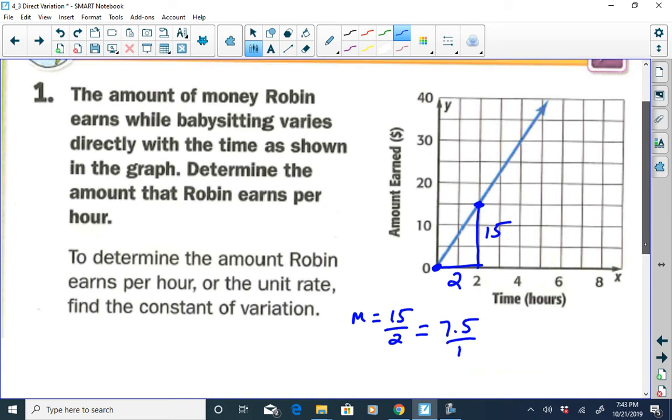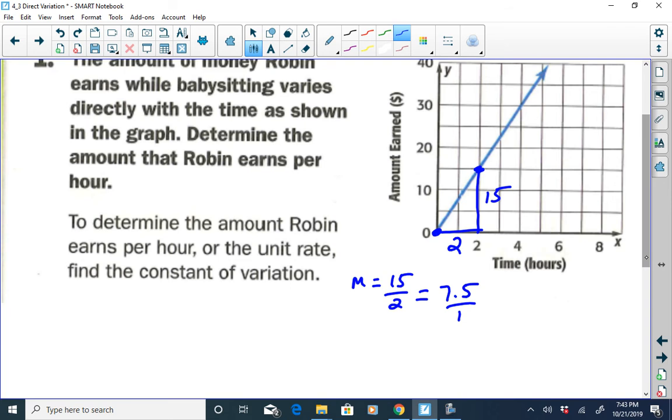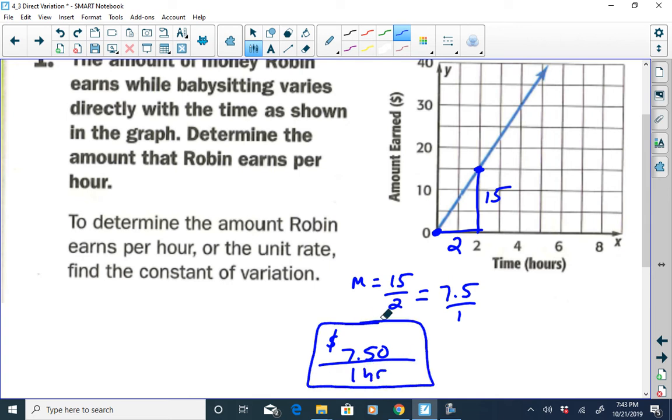Well, what does that mean in the context of this problem? It means that Robin earns $7.50 for each 1 hour worked. So that slope represents the constant of proportionality and the unit rate as well.